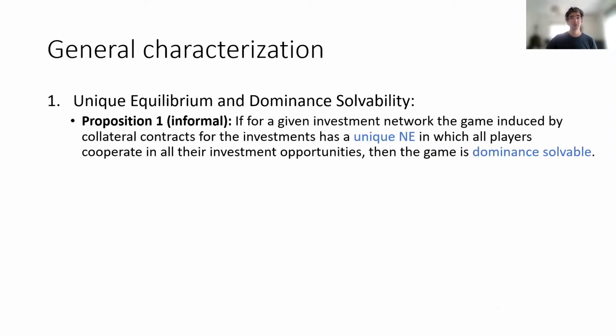So for the general characterizations, first, we show that a unique equilibrium implies dominant solvability. Whenever you can induce a unique equilibrium using collateral contracts, then this unique equilibrium must be reached by iterated elimination of strictly dominated strategies. The game is dominant solvable.